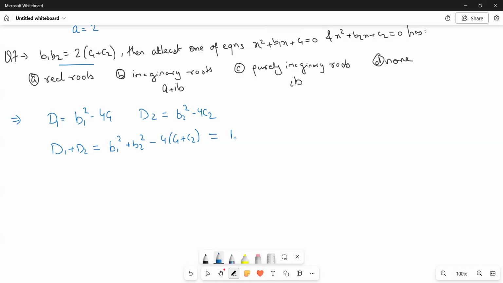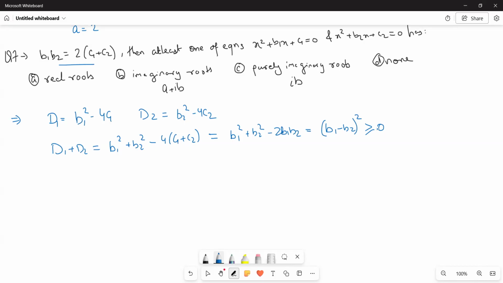So this ends up becoming B1 square plus B2 square minus 2B1 B2, which is like writing B1 minus B2 whole square. Now, since the expression is B1 minus B2 whole square, what can we say about the nature of its values? It's a perfect square, so it has to be greater than or equal to 0.